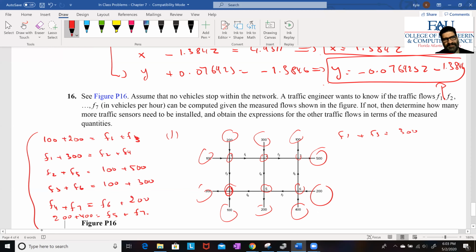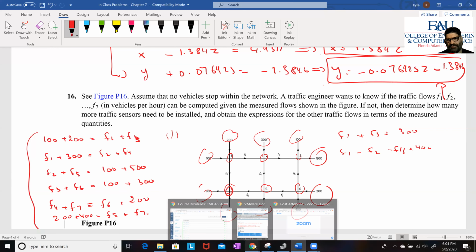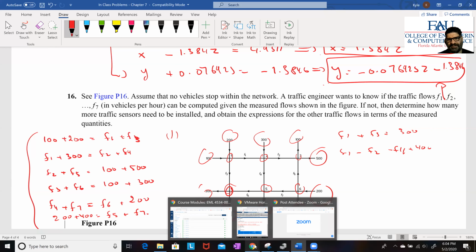And the second one will be F1 minus F2 minus F4 is equal to 400, and so on. You can do the same thing, rearrange those, and then start working on the matrix. If you do this, you're going to come up with this matrix here. So what we're going to do is AX equals B.